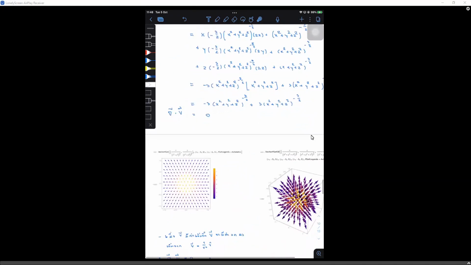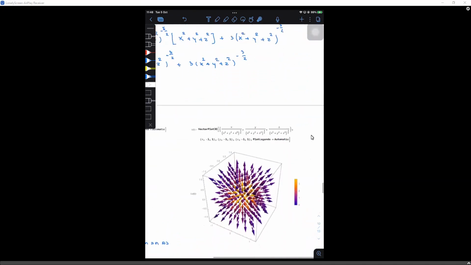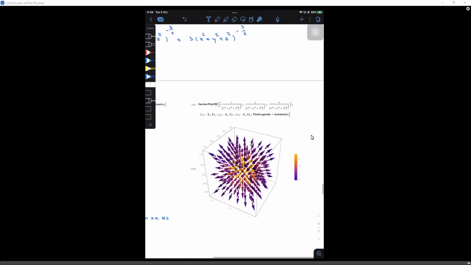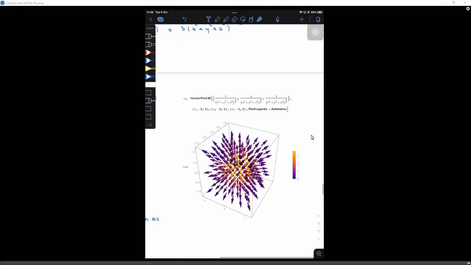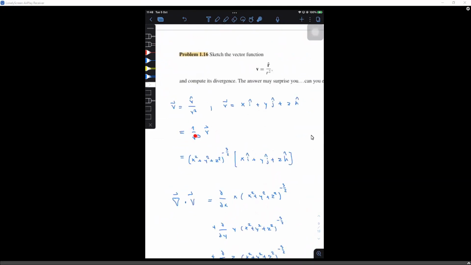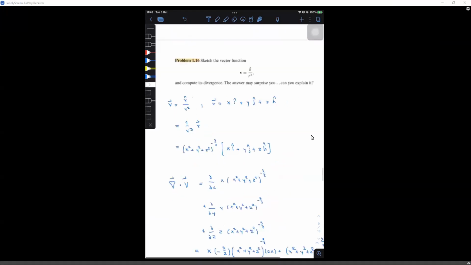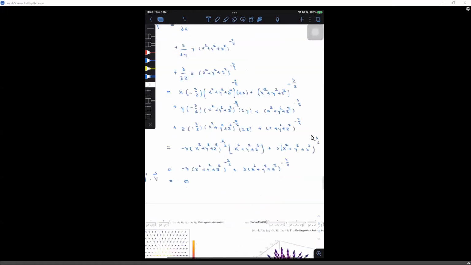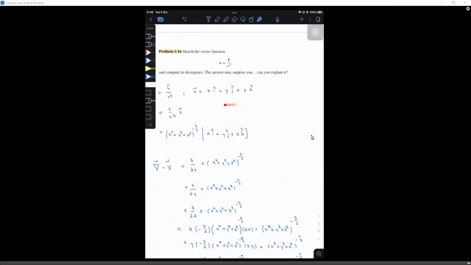As you can see, the vector is in the form of 1 over the magnitude of the vector r power 3 times the vector r. First I need to tell you that the vector r is x i hat plus y j hat plus z k hat.